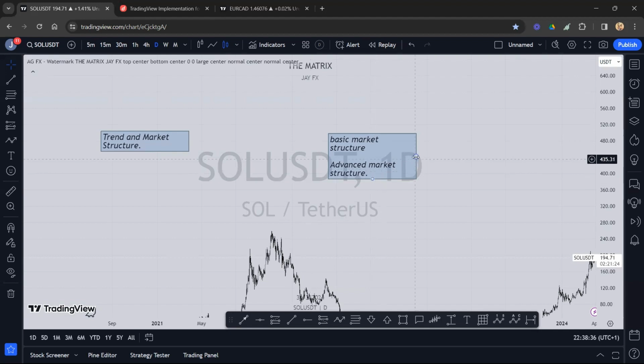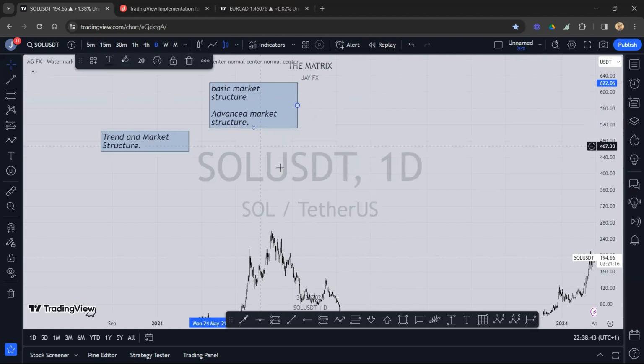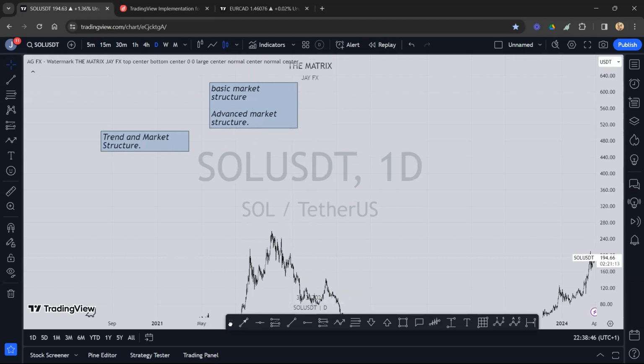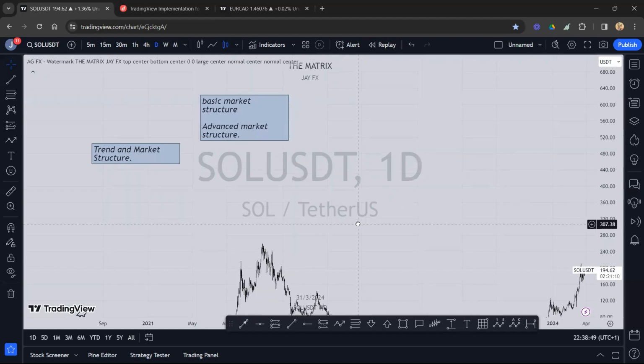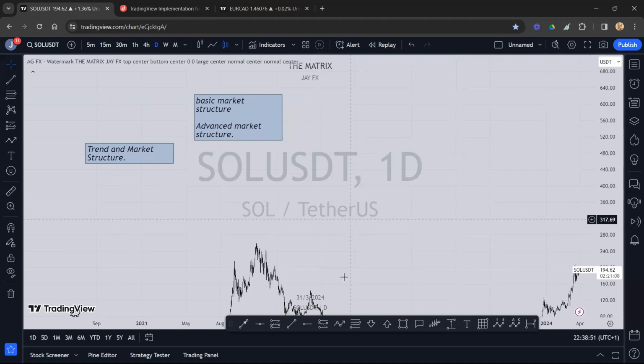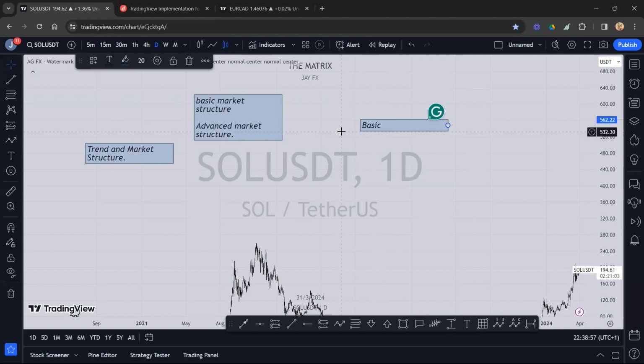All right. So now, what is the basic market structure? The basic market structure is just the normal way a trend moves. Basic higher highs and higher lows with swing points. Let me write that down. Basic market structure is just a basic market trend with swing points.